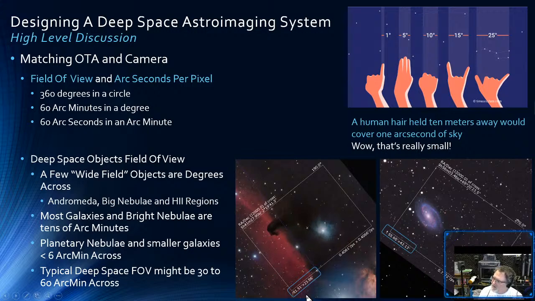This is 31 and a half by 24 arc minutes. So somewhere between those two is what you're typically going to want to shoot for to get most deep space objects without having to do mosaics, multiple frames put together into a picture.